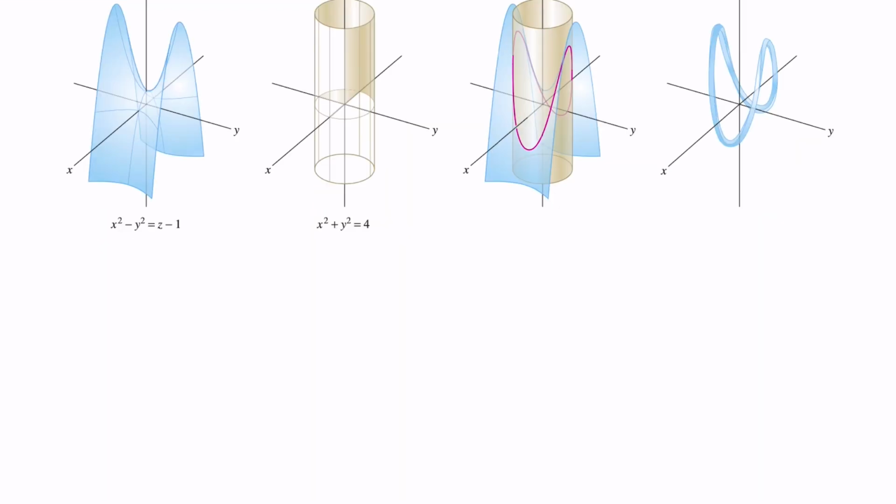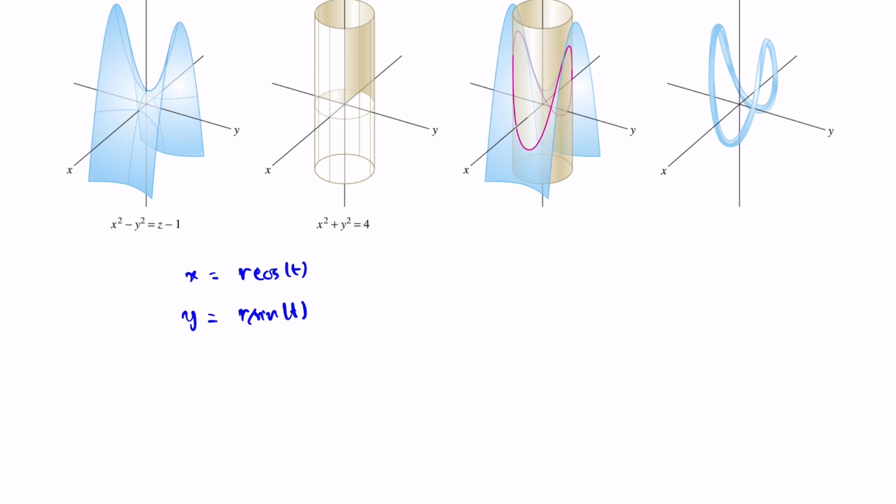In the lecture on the polar coordinate system, you learned about the relationship of x with cosine of theta, or cosine of t for that matter, and y with sine of t or sine of theta. That is, x is equal to r times cosine of t, and y is equal to r times sine of t, where r is the radius of the circle.